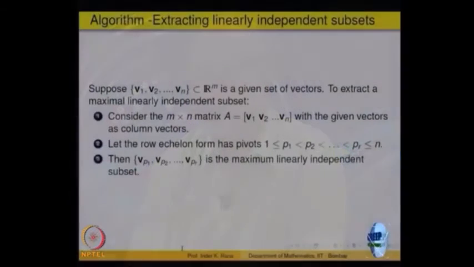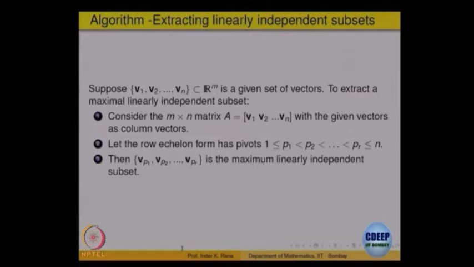So, I put this as an algorithm. Suppose you are given vectors V1, V2, V3, up to Vn, a given set of vectors. To extract a maximal linearly independent subset out of it, right, that is the aim. Given a set of vectors, I want to extract a maximal linearly independent subset out of the given set. I want to find a subset which is linearly independent and the largest subset.